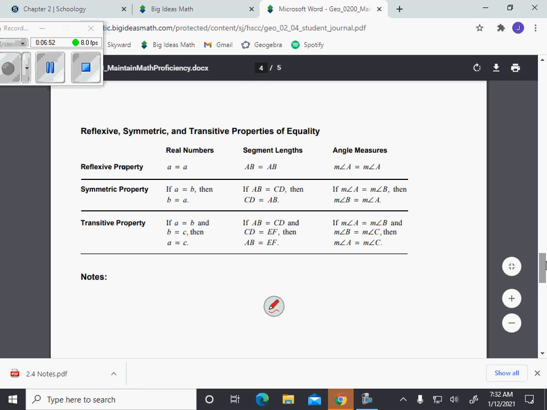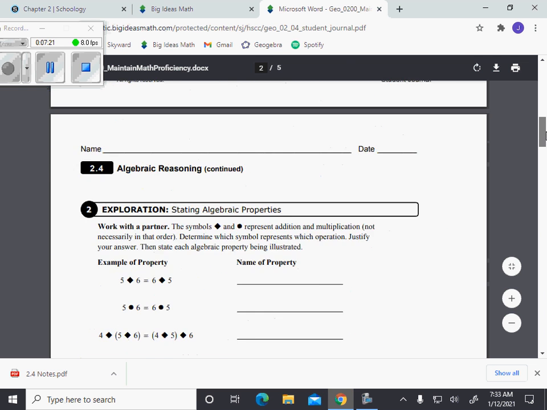We have two now. A equals B, B equals C, so A equals C. Two things equal the same thing. A equals B, C equals B, therefore A equals C. That is the transitive property. Now let's go up here. Let's start solving for these.